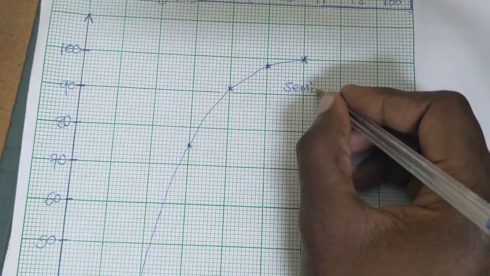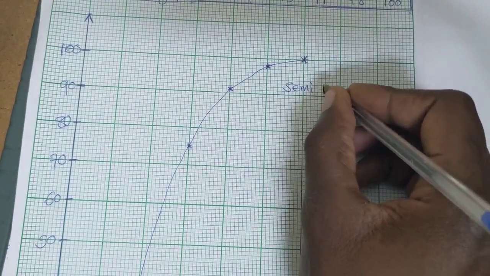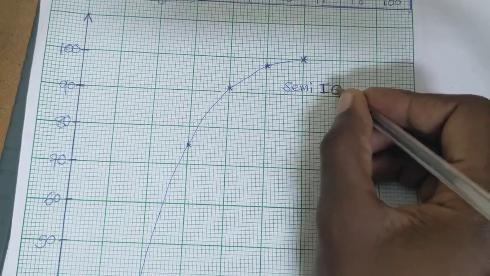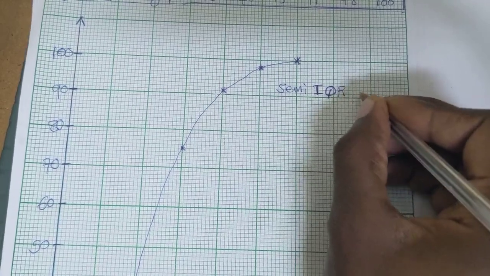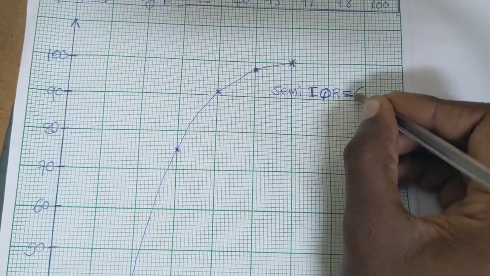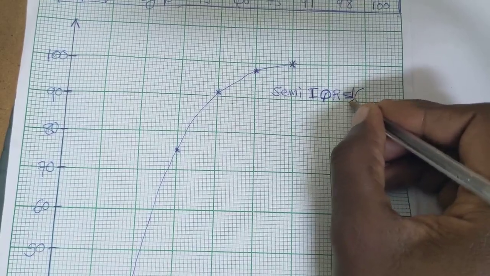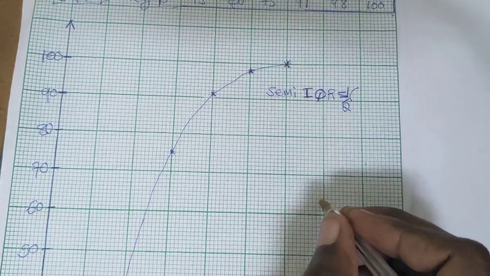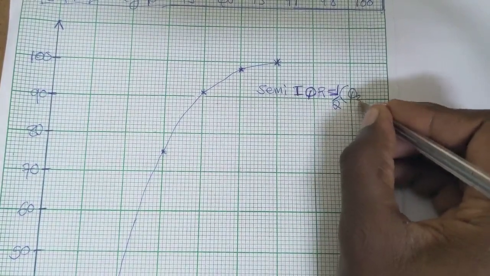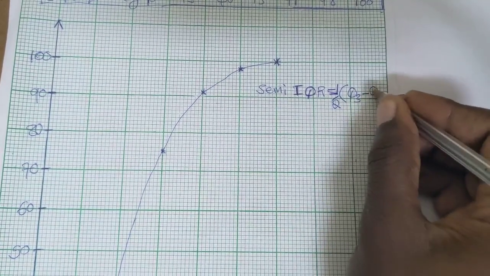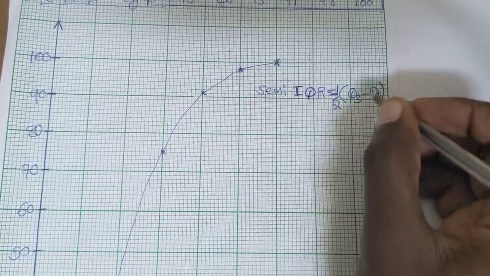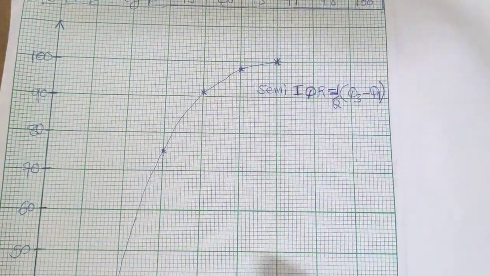So the semi-interquartile range is equal to, I said that the formula is what? Oh, sorry, this is half, 1 over 2, okay? That is 1 over 2 multiplied by Q3 minus Q1, close bracket. That is the formula, like that.